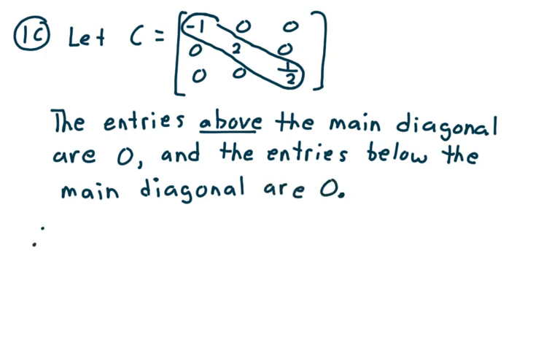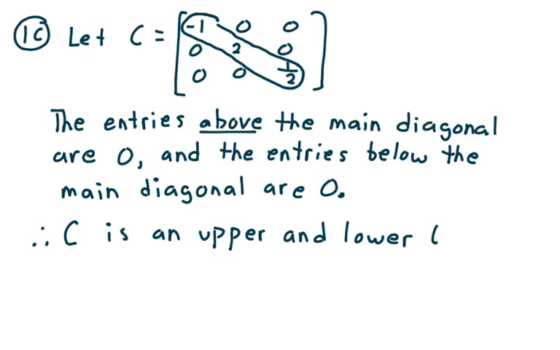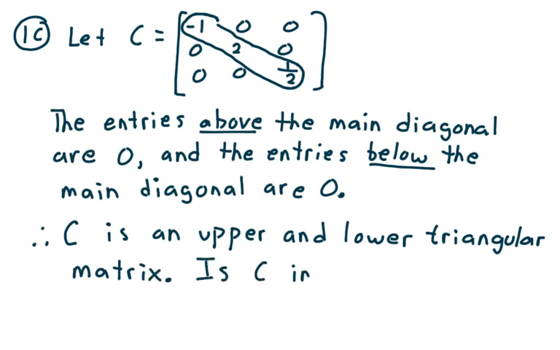And so therefore, C is an upper and lower triangular matrix. So it essentially satisfies both. Is C invertible? Are we in agreement the answer is yes? Why is it yes?